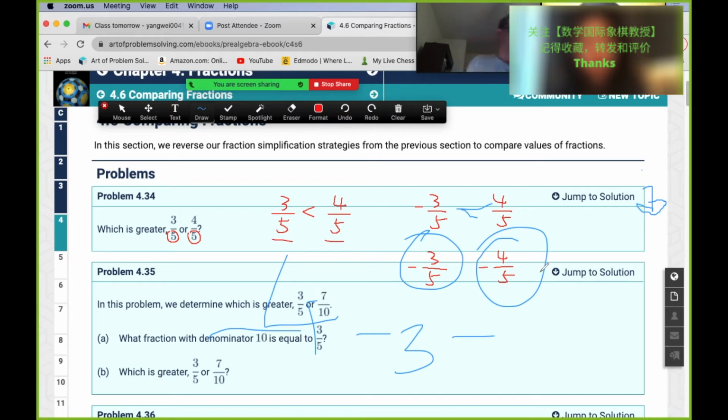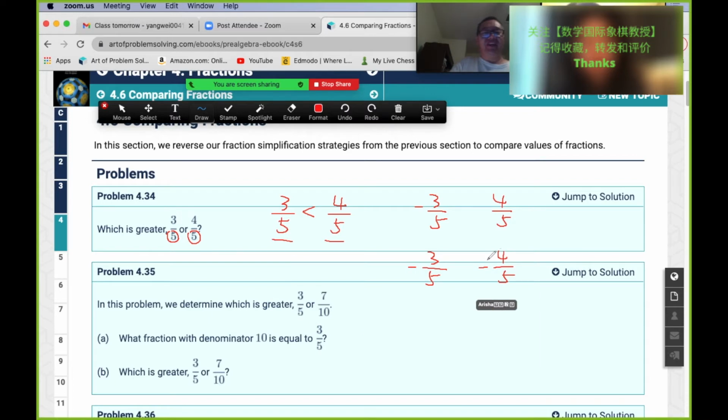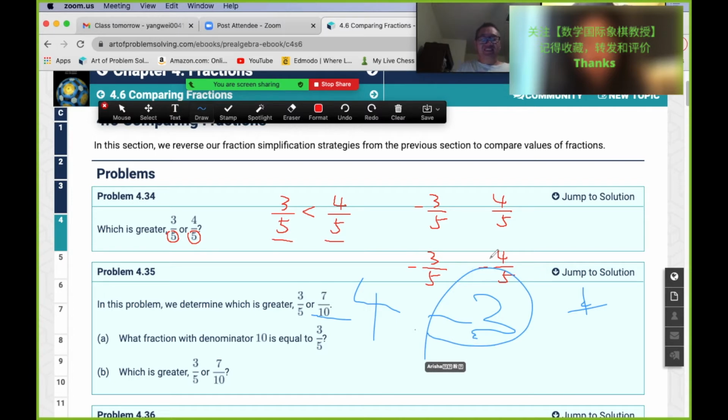Why do you think this one's greater? Because negative 4 is over here and negative 3 is over here. Oh, but positives are greater than negatives. It's negative 3?